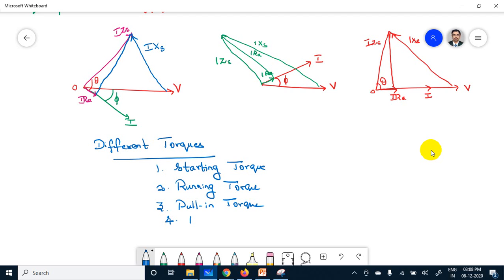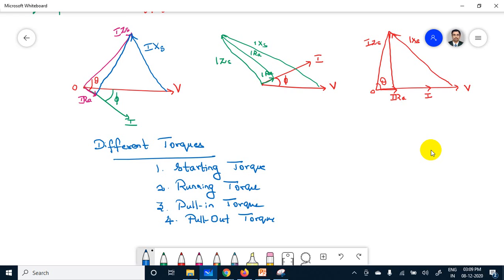Fourth one, pull out torque. Pull in torque means the ability of the motor to pull into synchronism when changing from induction to synchronous operation. That is known as pull in torque.